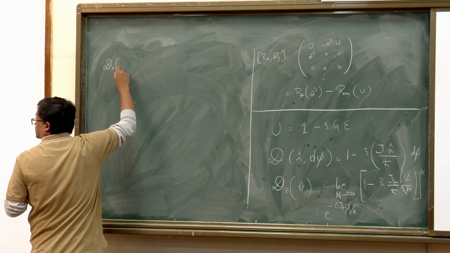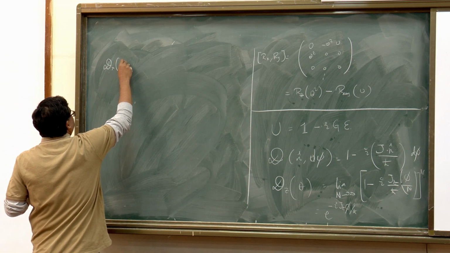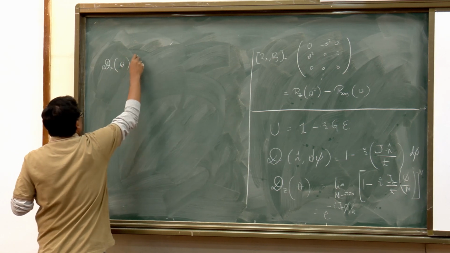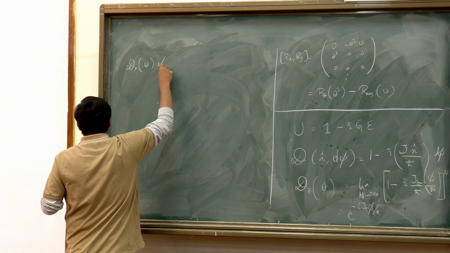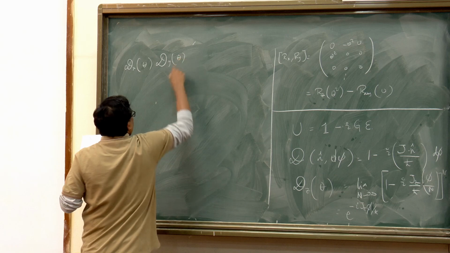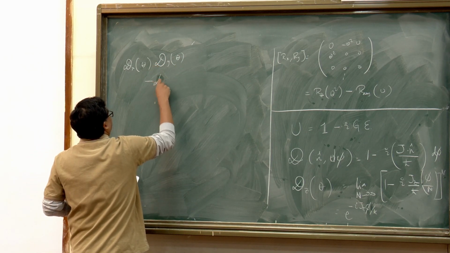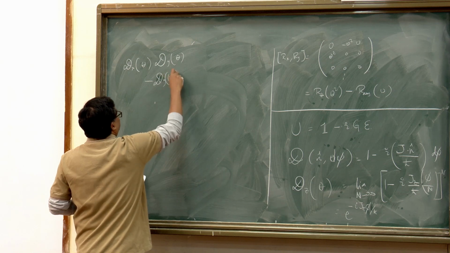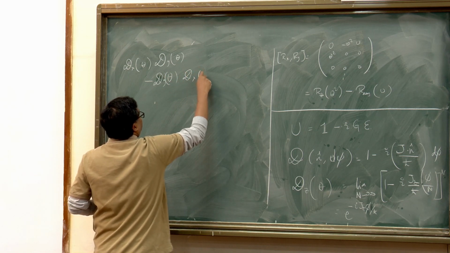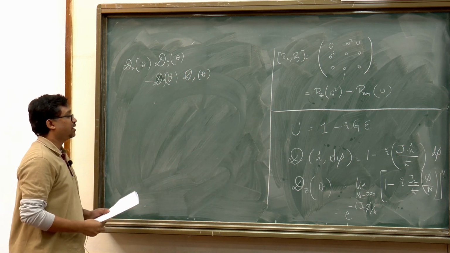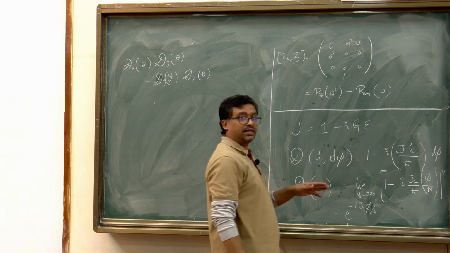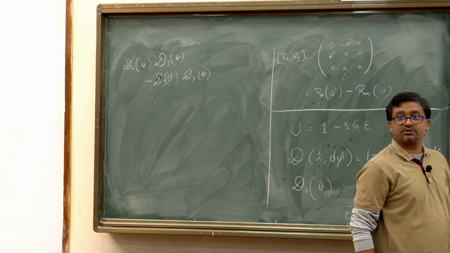So we will do this: Dx of some theta, Dy of some theta, minus Dy theta Dx theta, and again we will neglect everything above theta squared.